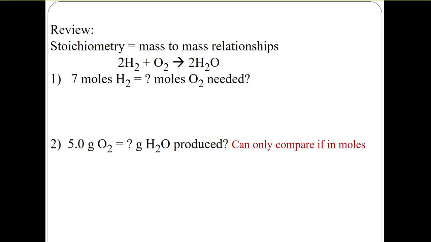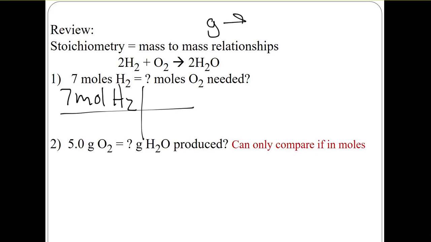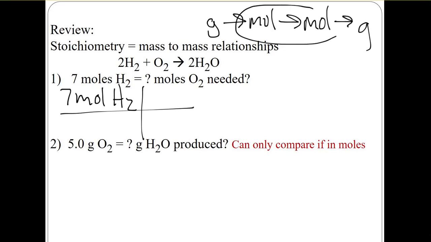So let's start off with our 7 moles of hydrogen. So this is the number that we're given. And let's look and see what we need to solve for. We need to solve for moles of oxygen. So in grams to moles to grams, this is the pattern. On this problem, we're just doing the middle, okay? So just the middle for this. So looking at my balanced equation, I have 2 moles of hydrogen for every 1 mole of oxygen.